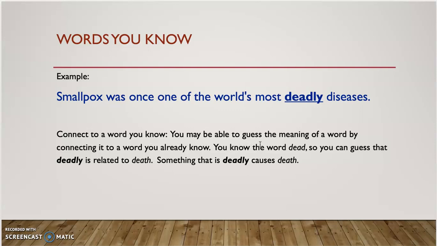You may be able to guess the meaning of a word by connecting it to a word you already know. You know the word dead, so you can guess that deadly is related to death. Something that is deadly causes death. So if we know the word dead, we can figure out deadly is related.